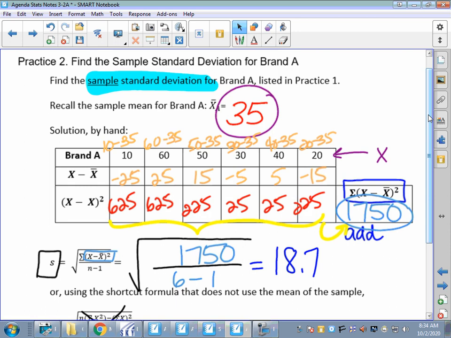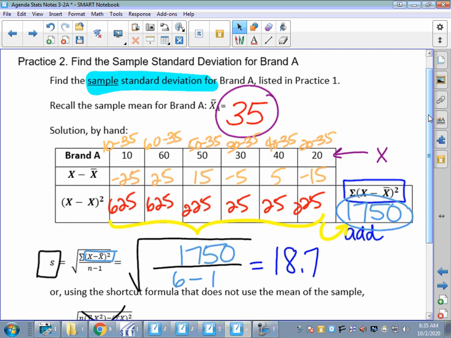That means for brand A I have a lot of variance in how many months that paint will last before it starts fading. That's a very large standard deviation. It could go from 10 to 60 months. So huge standard deviation because I have a very large range. Those two will always go hand in hand.